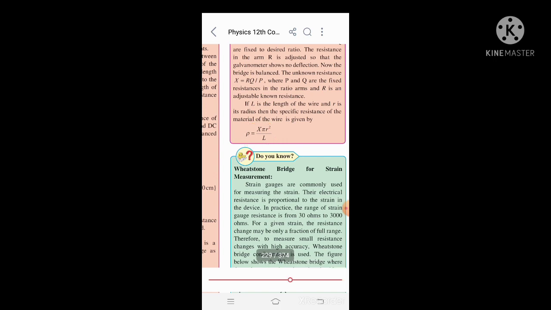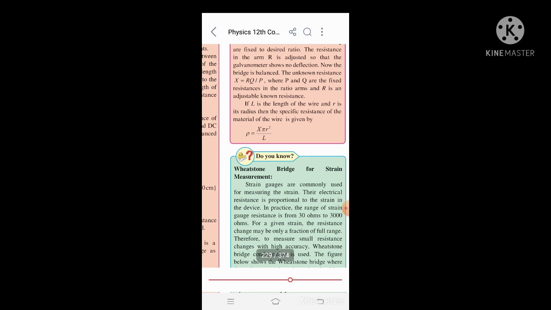So students, we saw the application of Kirchhoff's laws. First application, meter bridge.